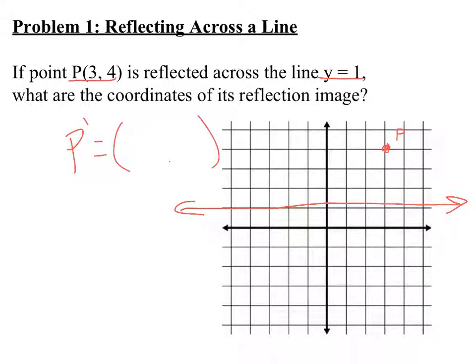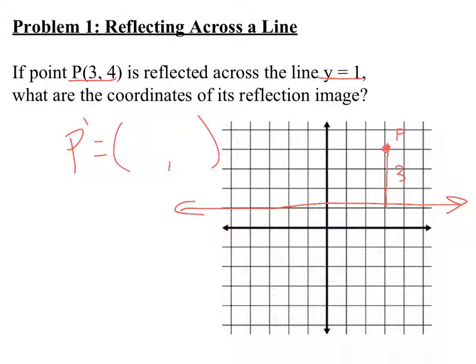So the first thing I have to do is figure out how far away from my line is my point P. Now, horizontal or vertical is really easy to count distance. So if I go from P down to the line, I go down 1, 2, 3. My distance is 3.